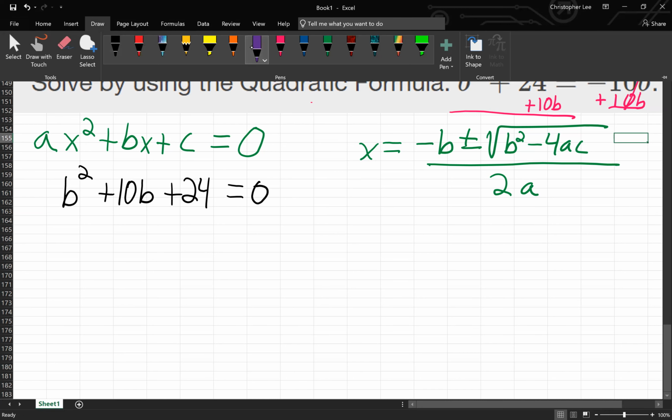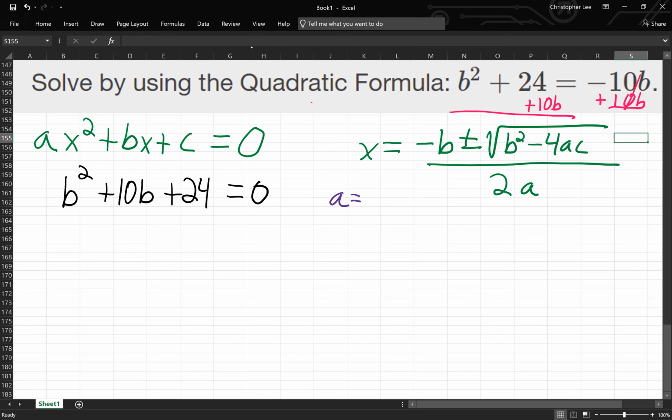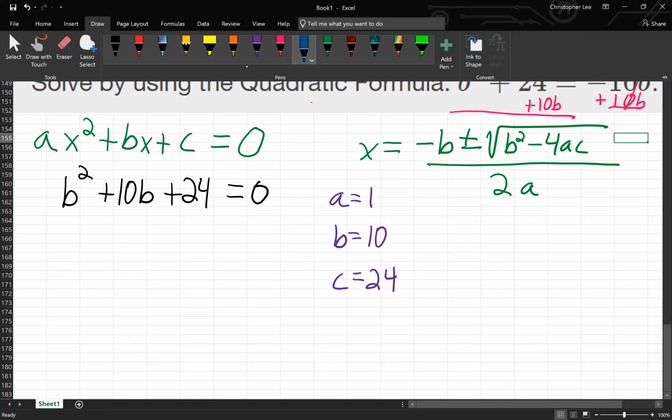Now somebody help me out. What's a? 1, good. What's b? 10, right? And what's c? 24, right? After that, you already know, just plug it in the formula. Nothing crazy.